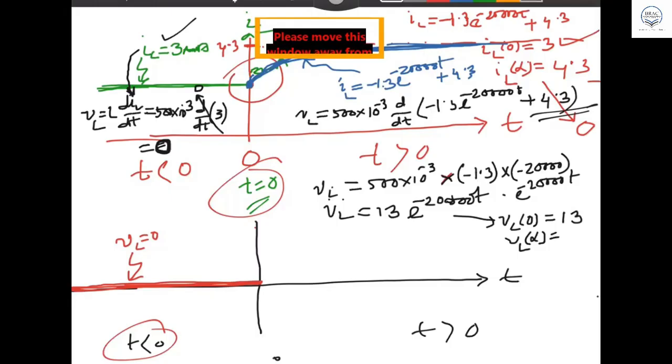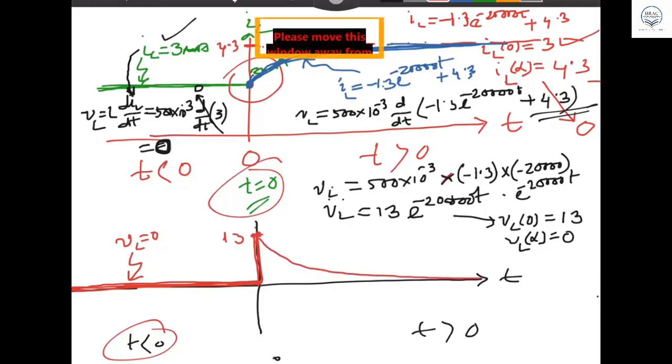0, sir. Now you can easily draw the diagram. At VL(0) it is 13, meaning it is jumping to 13, and VL(infinity) means it is going to 0. So from here it goes to 0.